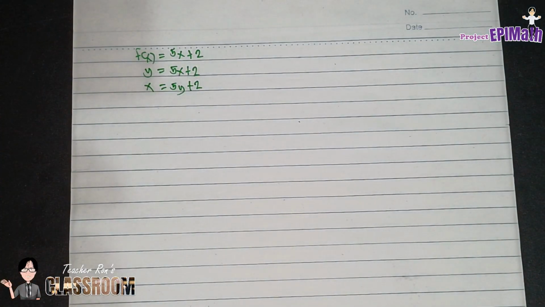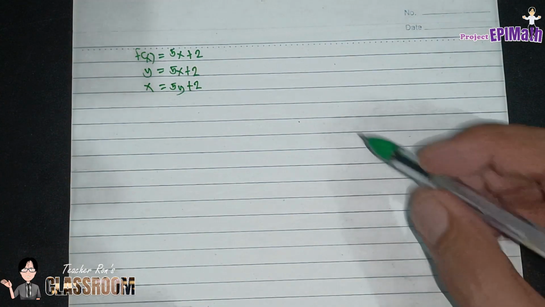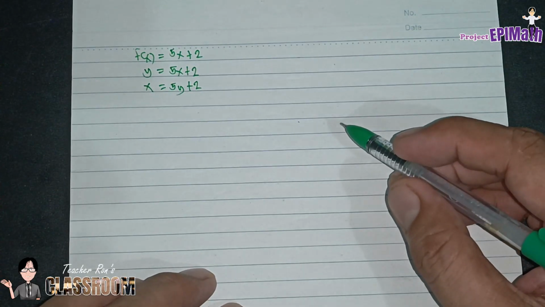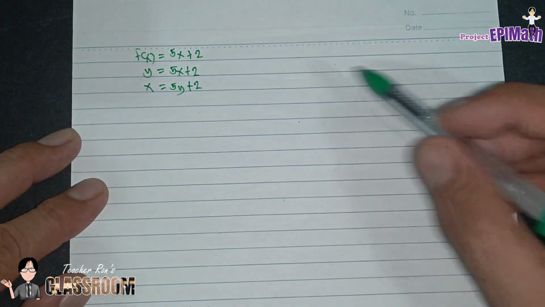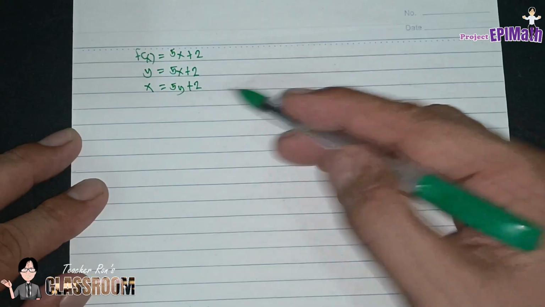Step number 2. Step number 3, we will solve for the new y in terms of x. So, meaning to say, y alone at one side of the equation. Okay, so subtract 2 on both sides.